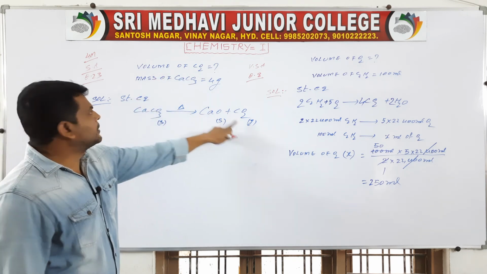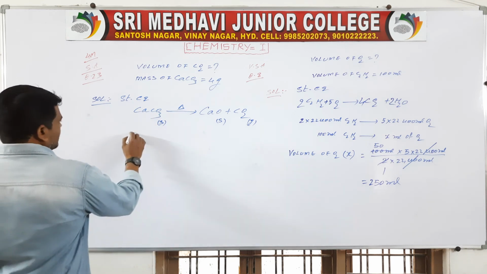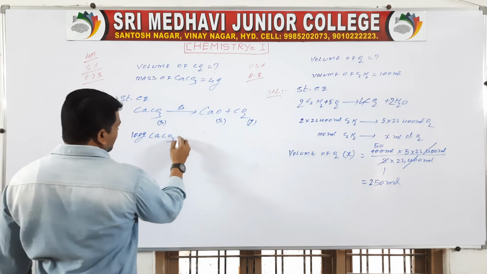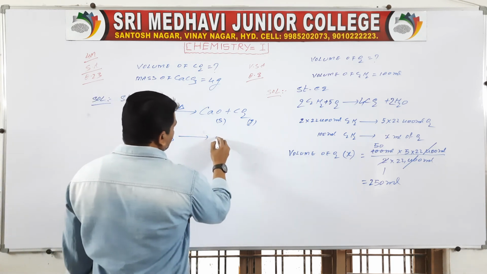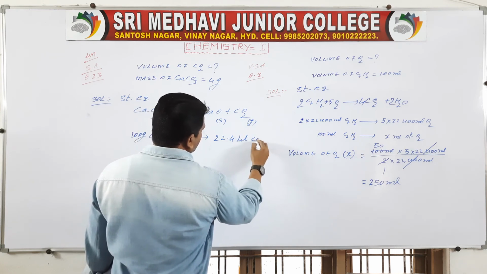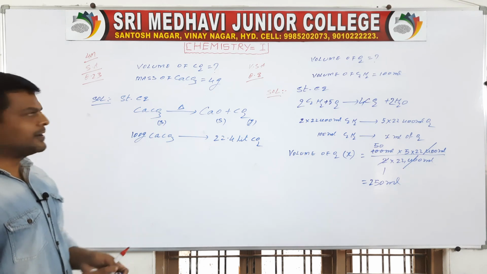CO2 volume you have to take, and mass of CaCO3 you have to take. So 100 grams of CaCO3 gives rise to 22.4 liters of CO2, from the stoichiometric equation.